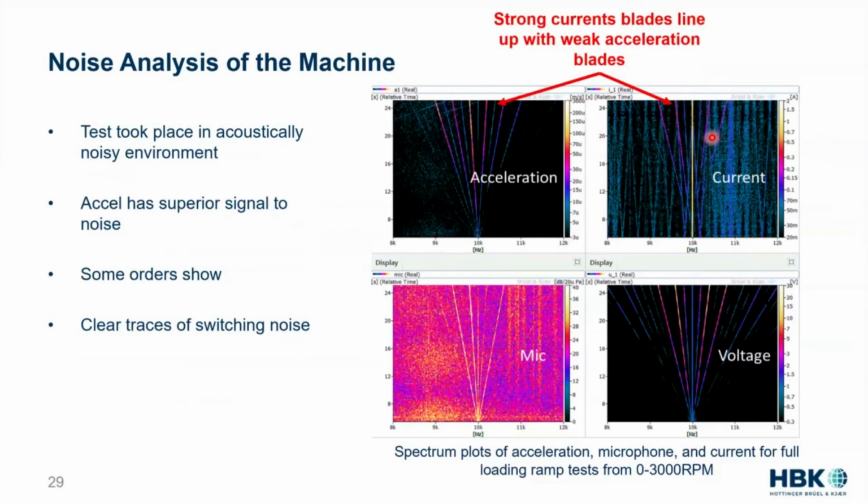So having the full picture gives us a lot of information for root cause analyzing problems. We can't just assume that the strongest current band is the strongest vibration band. It might be one of those lower order harmonics that's causing the larger vibration. So really cool stuff when you start looking at the full picture, from whichever side of the fence you come from.